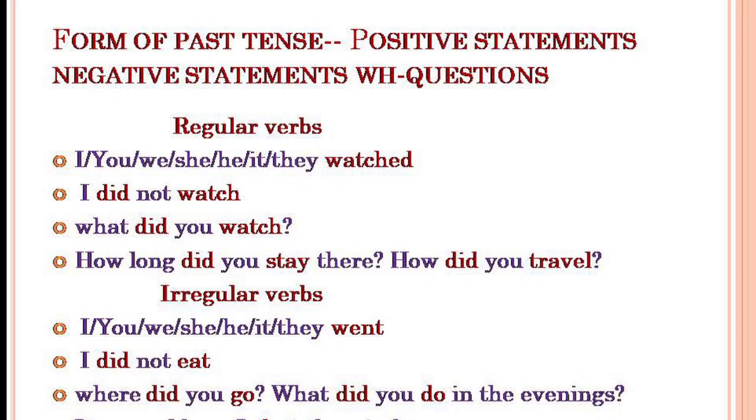For example, I work, you work, he works, she works. If the subject is third person singular, s is added with a verb. But here the same form is used for all persons, first person, second person and third person. I watched, you watched, we watched, she watched, he watched, it watched, they watched. I did not watch, negative statement. What did you watch? WH question.